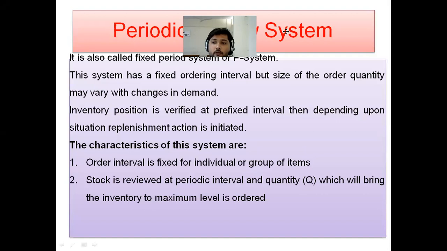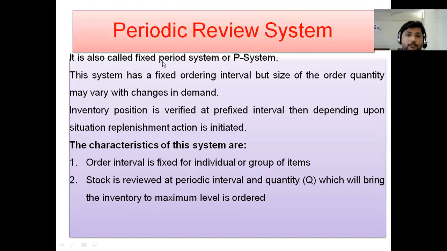Then the next type of ordering system, replenishment system, is the periodic review system. It is also called a fixed period system, and it is also called a P type of system. Now here, let us consider that after every interval of time, you are placing the order.